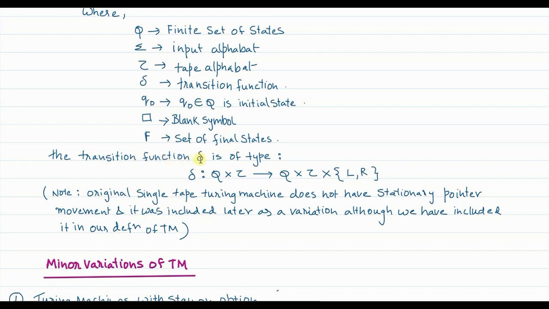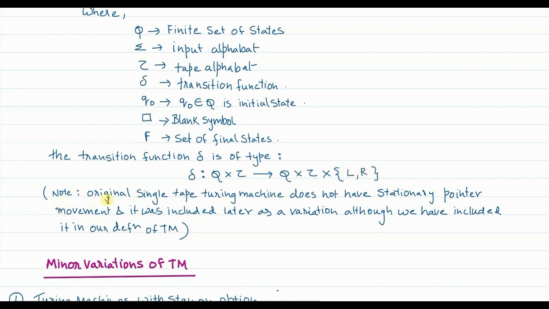The transition function del of the original single tape Turing machine is actually Q cross tau gives Q cross tau cross L comma R. Notice what is different over here: the tape read write head pointer moves either to the left or to the right.